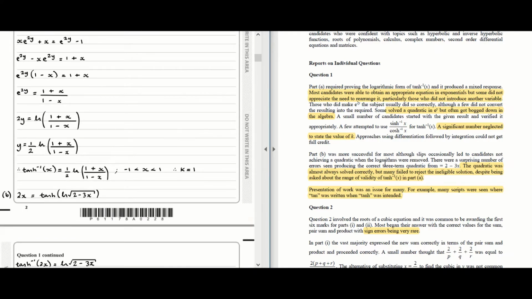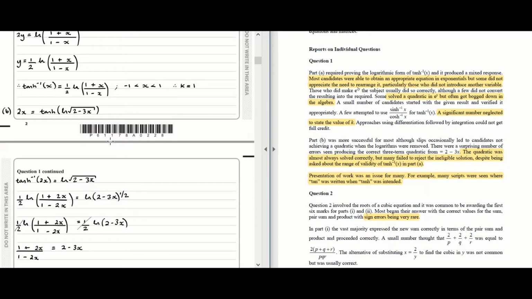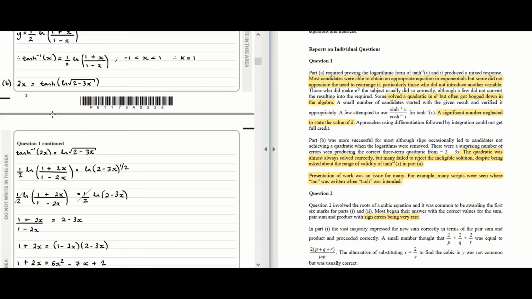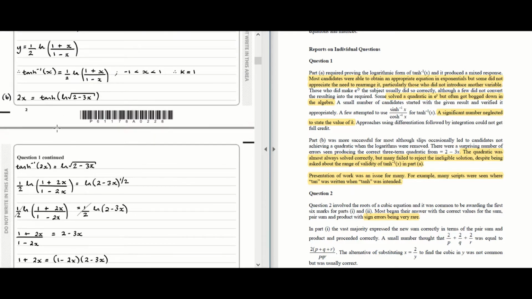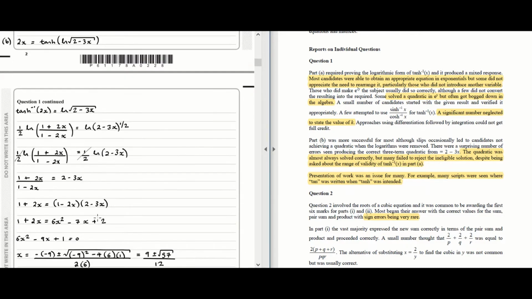And for part B, what could I say about part B? That was more successful, but I mean, it's all easy stuff because you can end up with some sort of a quadratic, as we do here.